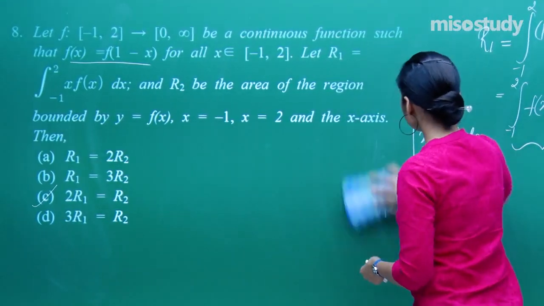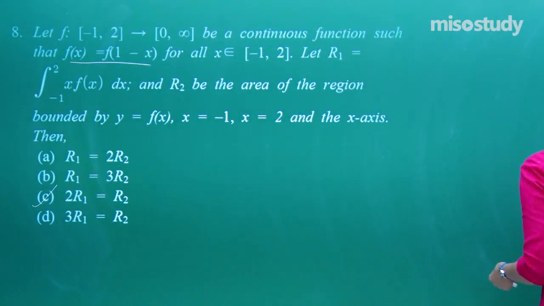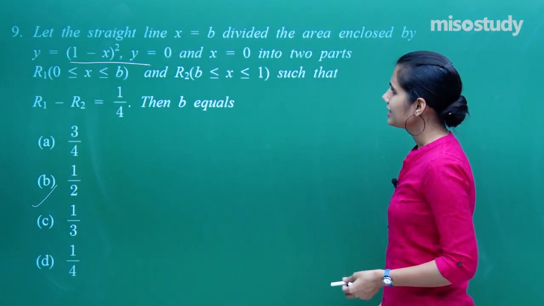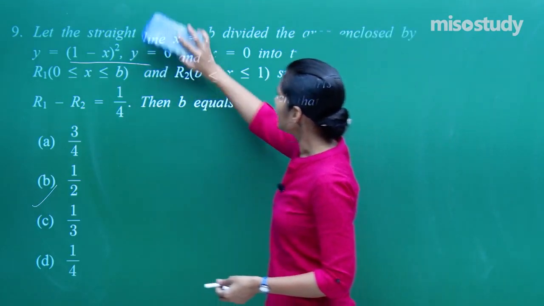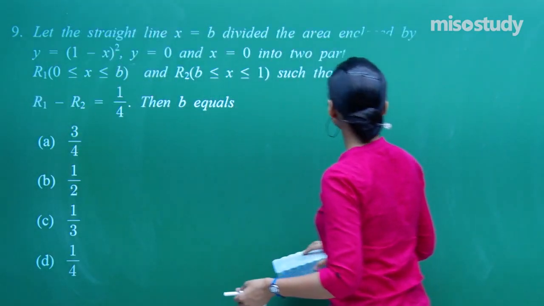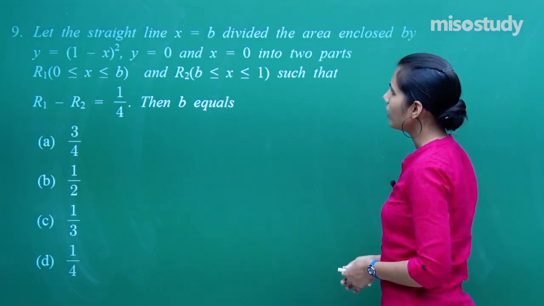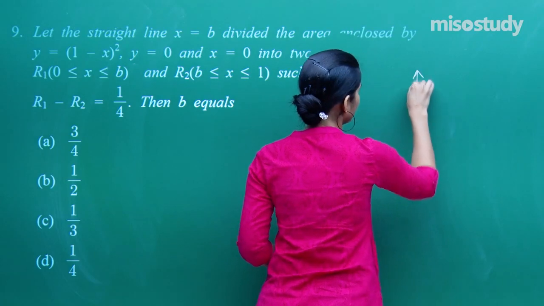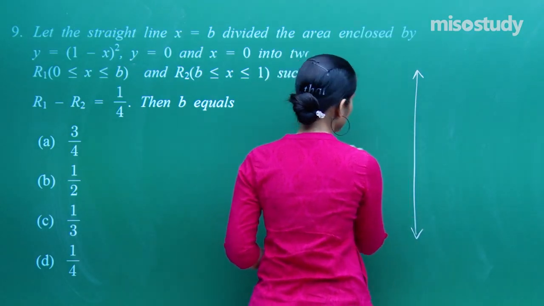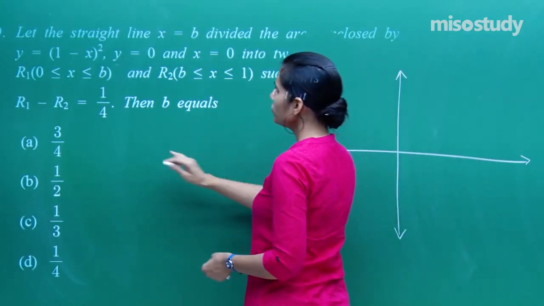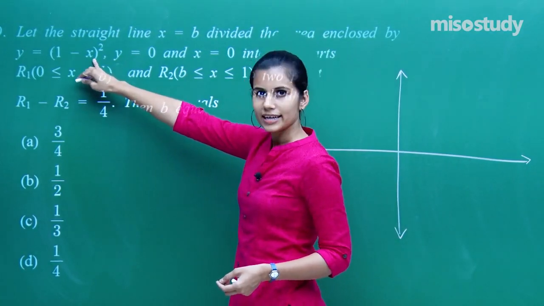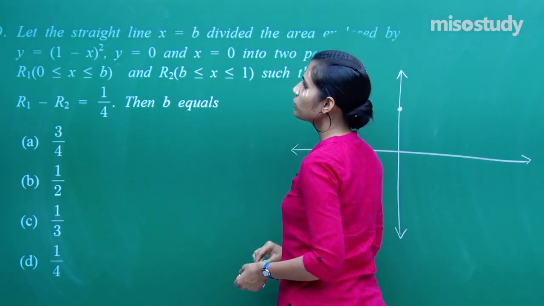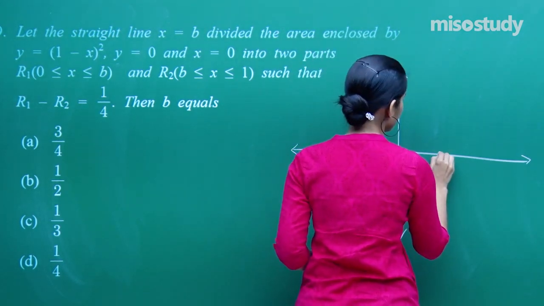Next question says, let the straight line x equals b divide the area enclosed by this curve, y equals 0 and x equals 0 into two parts. If you see, when you put x equals 0, you get y equals 1. When you put x equals 1, you get y equals 0.